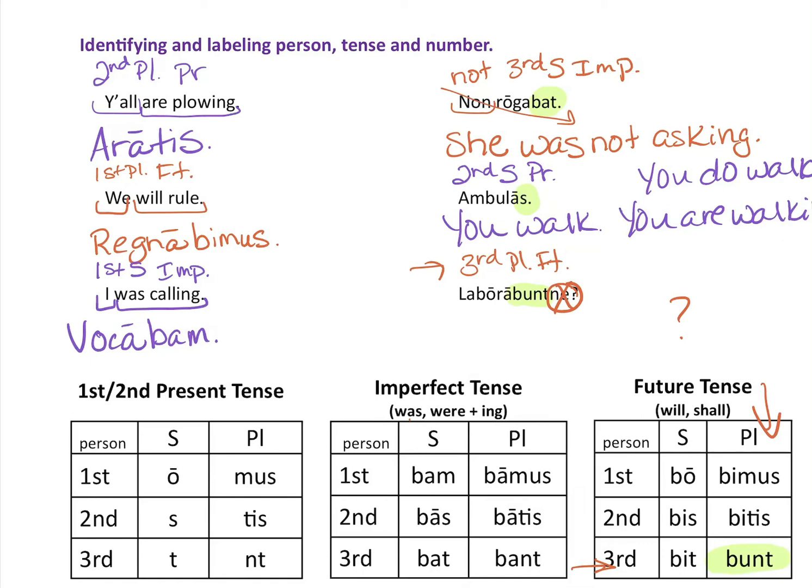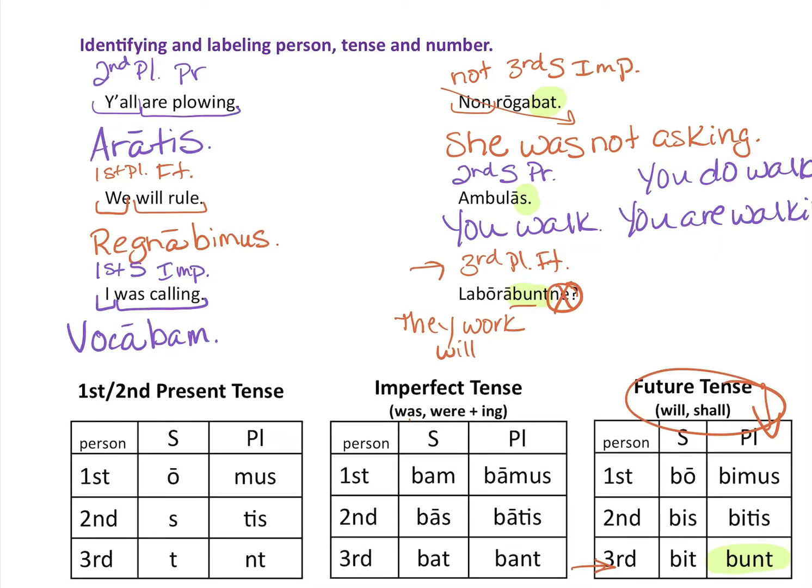Okay, so laboro, laborare means to work. So we have the question. If you don't know how to turn it into a question, turn it into a statement first. We know that -bunt is "they," and we know that labora is "work." However, we have to turn it into a question. Actually, we're going to put "they will work" in here because it's future tense.